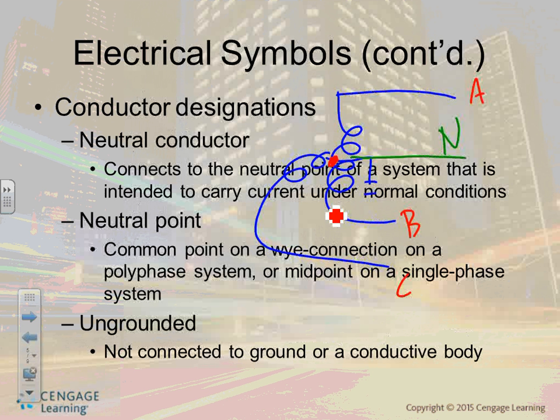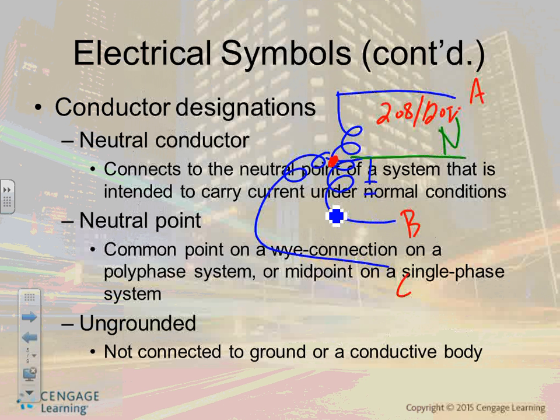The voltage between this point and any one of these phases is the same. So this is a 208/120 volt system. The conductor that's connected to the neutral point is called the neutral conductor. The phases A, B, and C, the code calls them ungrounded conductors. The neutral conductor is also called the grounded conductor because we tie it to the ground.